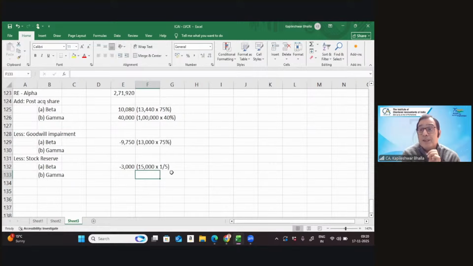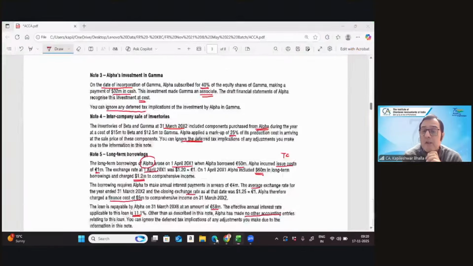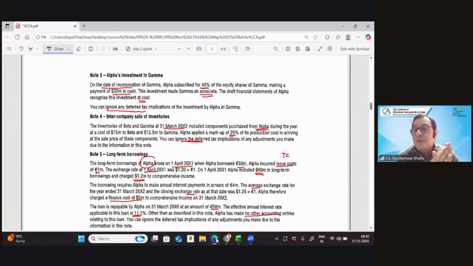Now I need the stock reserve from your side on the associate. Give me the figure. The unsold goods with gamma are 12,500 and the profit is 1/5. So what is going to be the stock reserve in terms of the associate company? I think that's what is important to know.